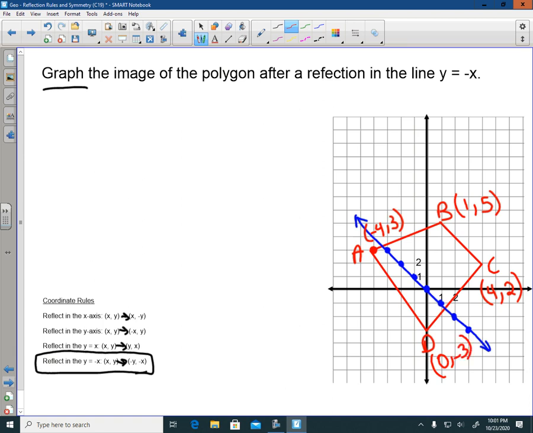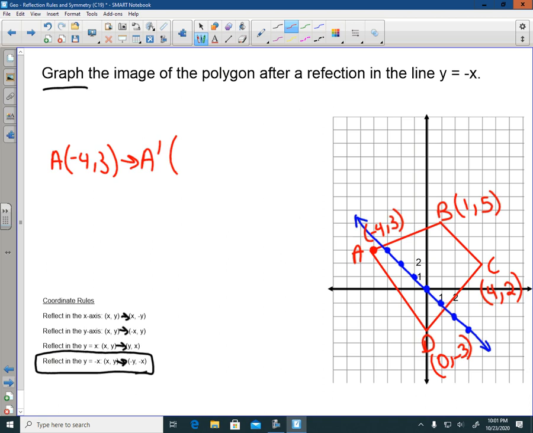All right, so now that we have those coordinates, we can run them through the rule and then graph them to get the graph. This is the kind of problem that takes a little bit of work because you need the graph and the rule since you have a sloped line. All right, so let's start with A. A, that lives at negative 4, 3, is going to become A prime after we run it through the rule.